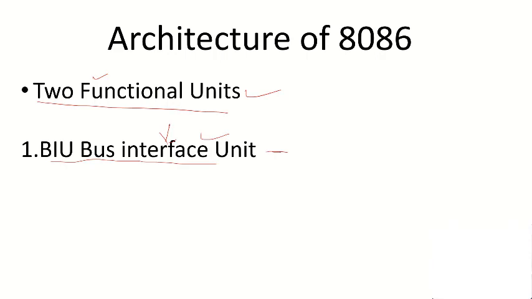Next is the Execution Unit. The instructions or data fetched by the bus interface unit are decoded and then executed by this execution unit.